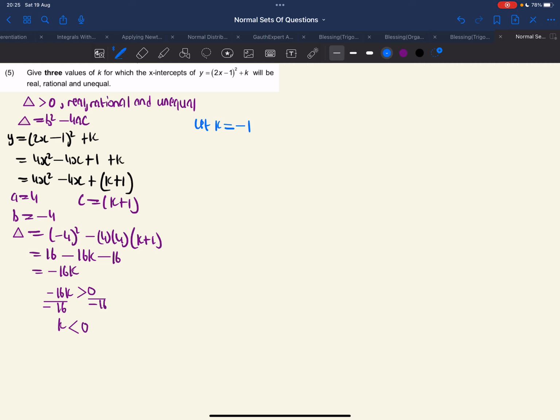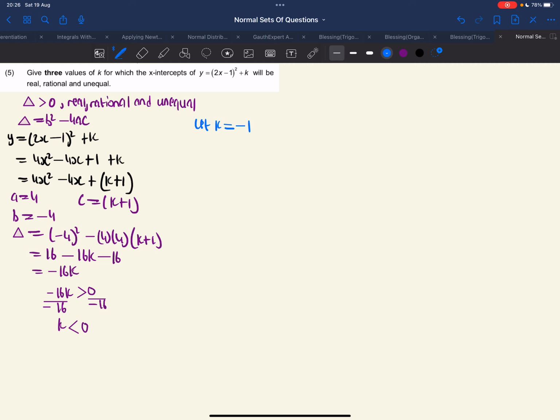Let's see, if you let k equal -1, then -16 times -1 gives you 16. Remember, those roots must be real, rational, and unequal.